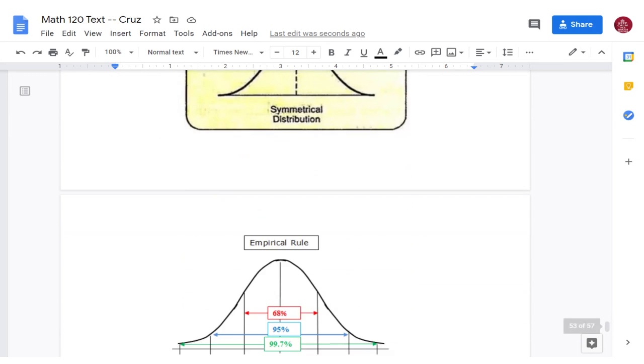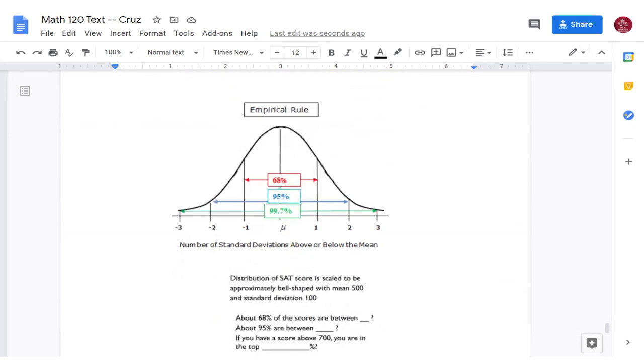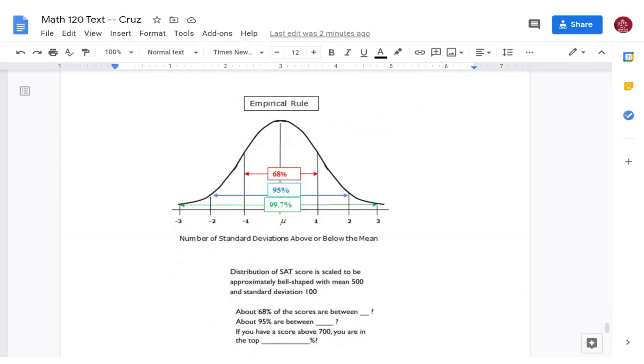Now, if we have data that we know is normally distributed, then we can use something called the empirical rule.